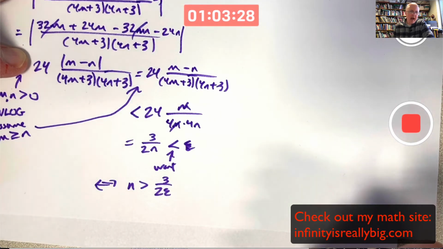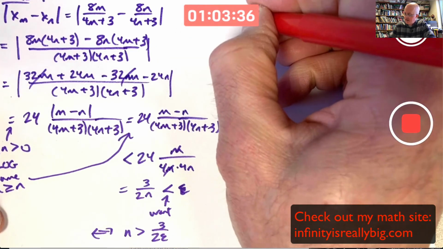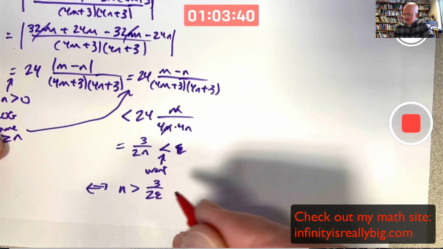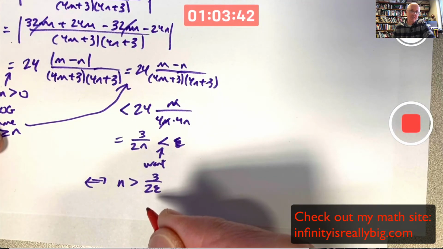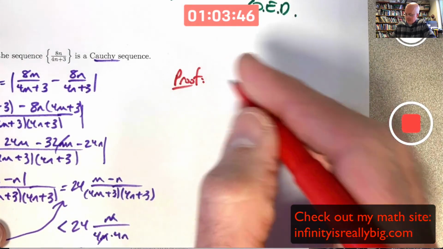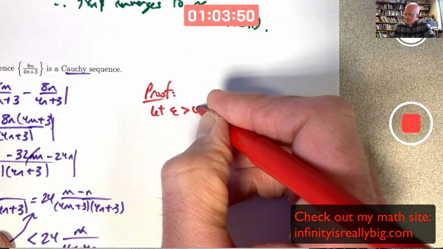Now you want your capital N in your proof to technically be a natural number, though it's really not a big deal if it's not. But just to be sort of official, we should probably say let capital N be some integer greater than this, which you can do by the Archimedean property, actually. So here's the proof. Do your stamp at the beginning, let epsilon greater than 0 be given.